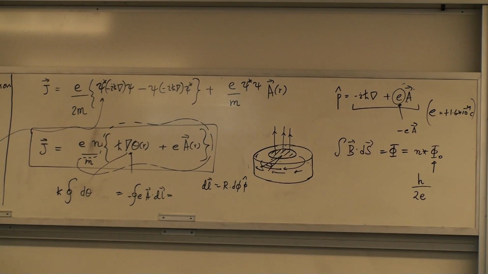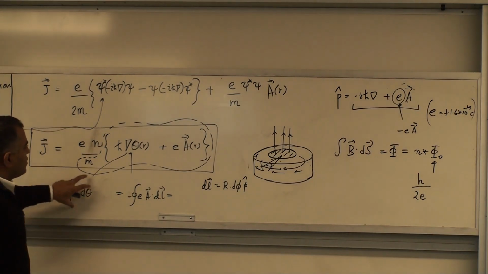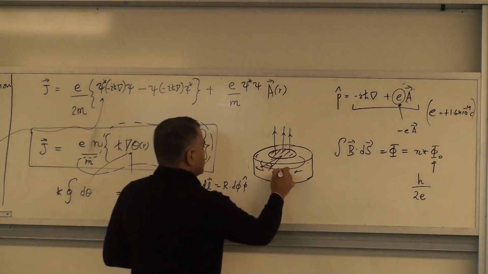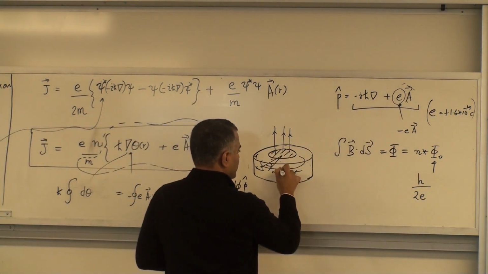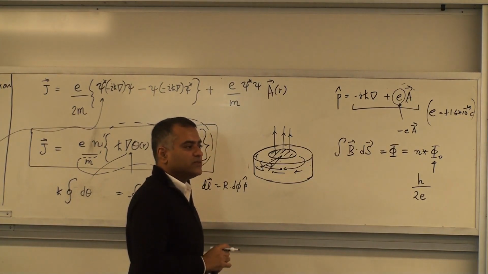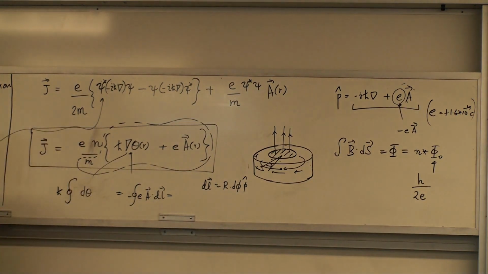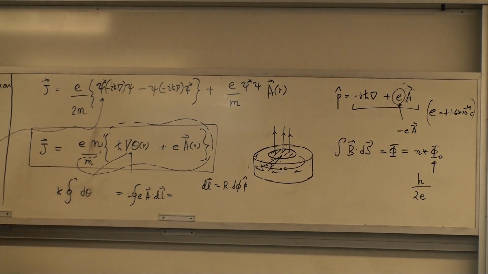The argument is very simple. The wave function is single valued, meaning if I start here and go around a circle and come back to the same point, the wave function shouldn't change its value. Does it make sense? This is an important point. If I go around in real space, our parameter here is real space, and I come back, it's a single valued wave function.